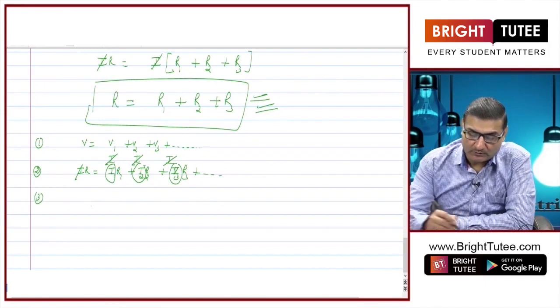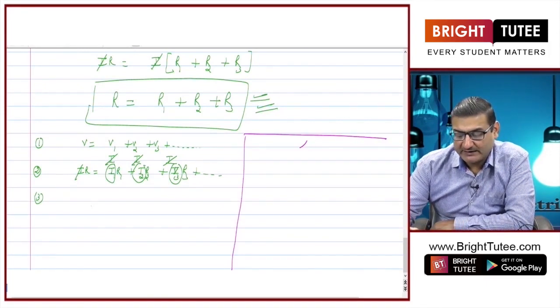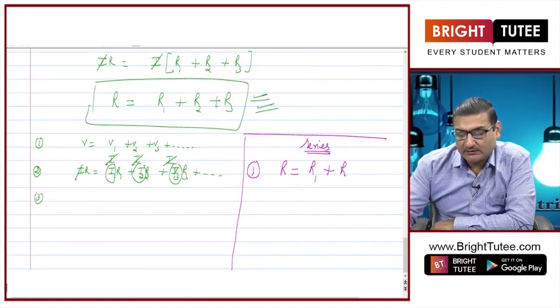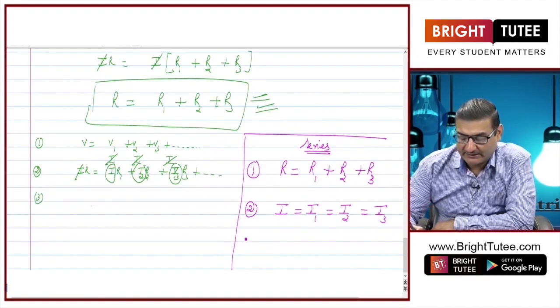Fine. So, to conclude the series combinations, what we have seen in series combination, try to relate. First, the total resistance is equal to R1 plus R2 plus R3 and so on. When I talked about current, I is equal to I1 is equal to I2 is equal to I3 and so on, as many resistances as you can take.